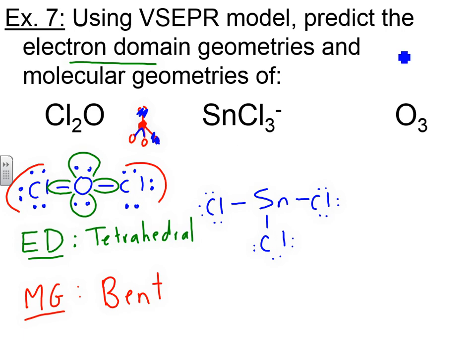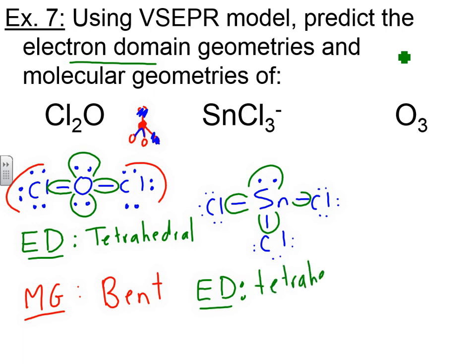So now the electron domain geometry should be based on how many electron domains we see. We have 1, 2, 3, 4. Oh, we've just seen this. It's again tetrahedral. Alright. And now we consider only the bonds that have atoms at the end of them, just these 3.